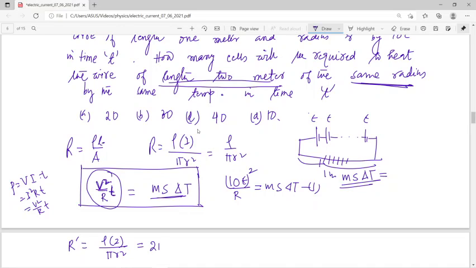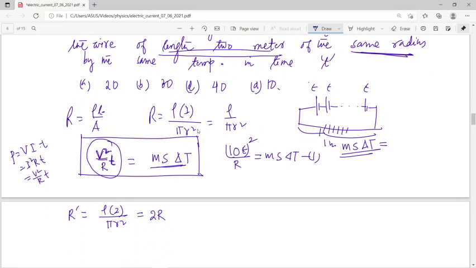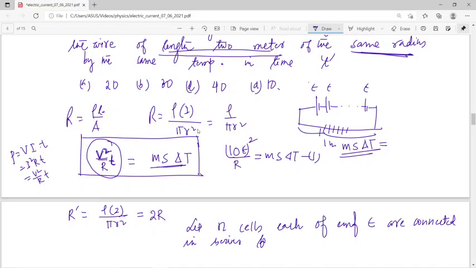So in the second case I am saying that let there be n cells, each of EMF E, connected in series to heat the same wire of length 2 meter, and to the same temperature.